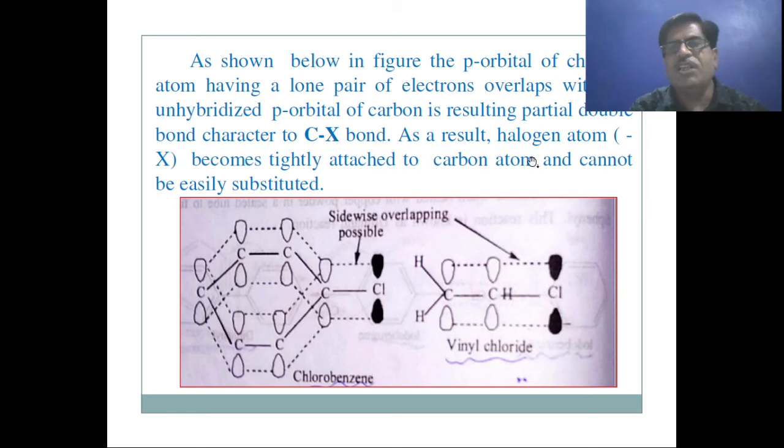As a result, the halogen becomes tightly attached to the carbon atom and cannot be substituted. So this is the aryl halide chlorobenzene. This halogen is tightly attached to this carbon.